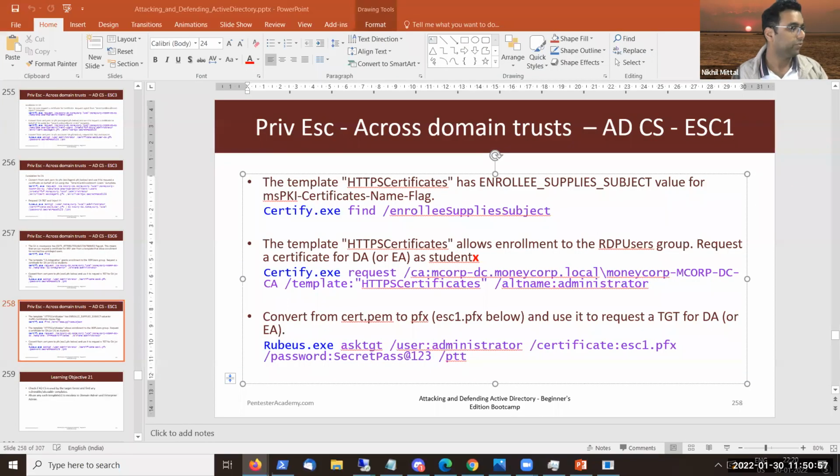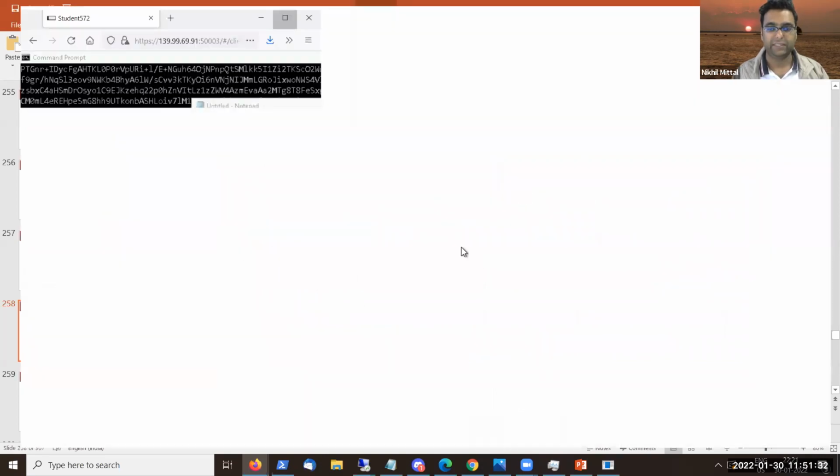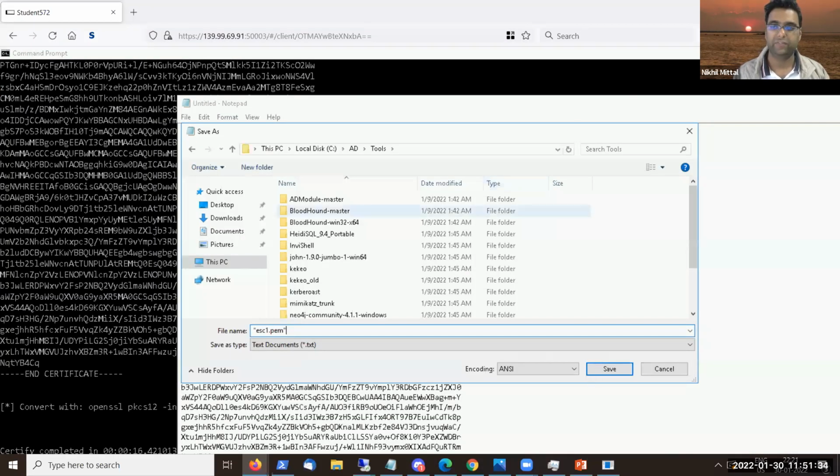So we simply save it to Notepad and then save it as ask1.pem, for example. This is what I'm doing right now: saving the text that we got, the certificate that we got, as ask1.pem.